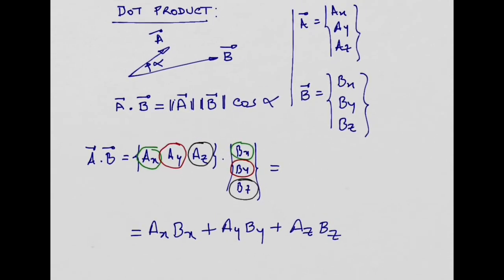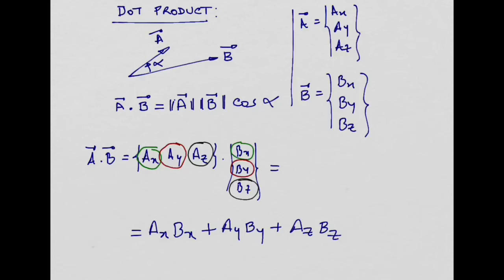They are summarized here. The first one is if you know the norm of the two vectors, A and B, and the angle between them, you just multiply the norms with the cosine of the angle, and then you get the internal product, or the dot product.